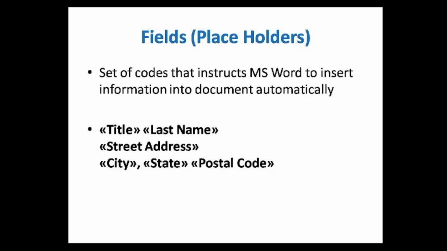You can also merge these fields into the main document like shown below, where I have mentioned the title, last name, street address, city, state and postal code all together, and I have merged all these placeholders together.